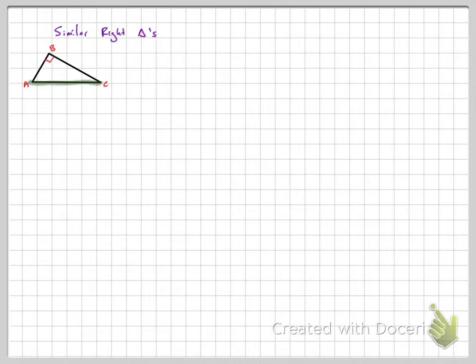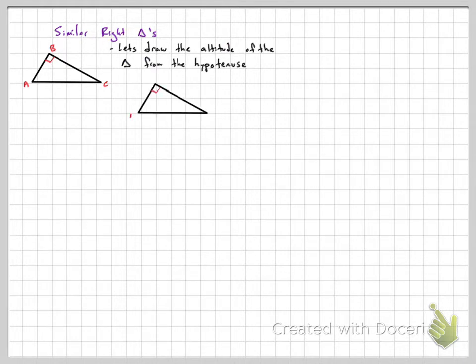In this case, it's perpendicular to the hypotenuse, and it has to travel to the opposite vertex, which is B. So let's draw the altitude, and that would look something like this. Now I have point D, where the altitude meets the hypotenuse.